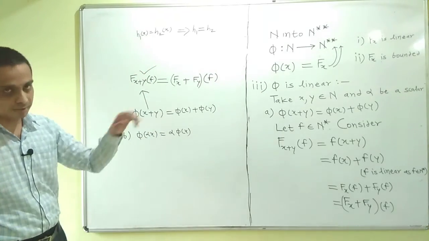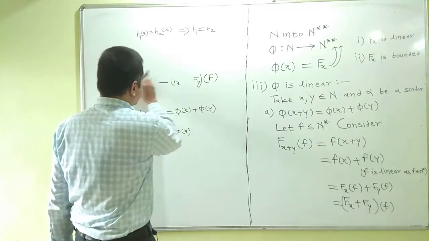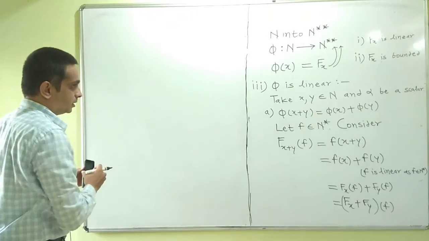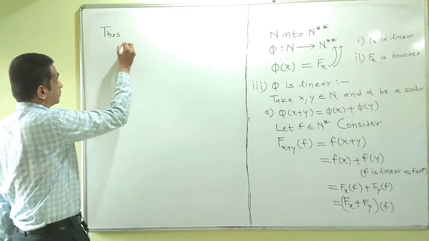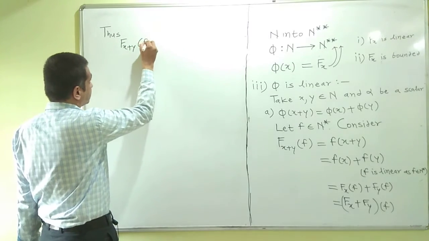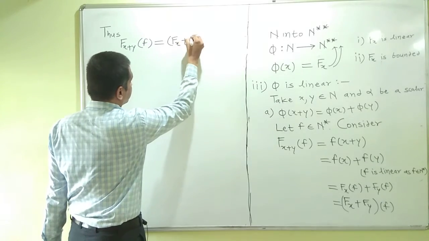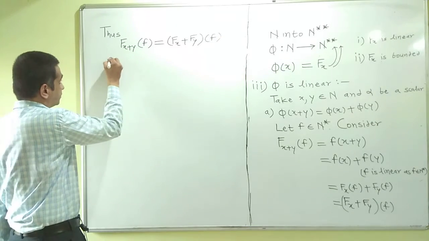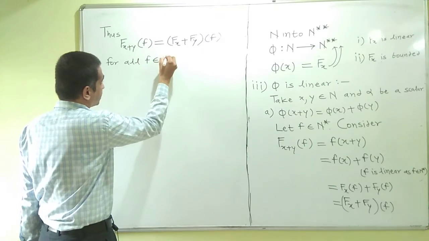Two functions are equal. Let me write it. Thus Fx plus y of f equals Fx plus Fy of f for all f belongs to N star.